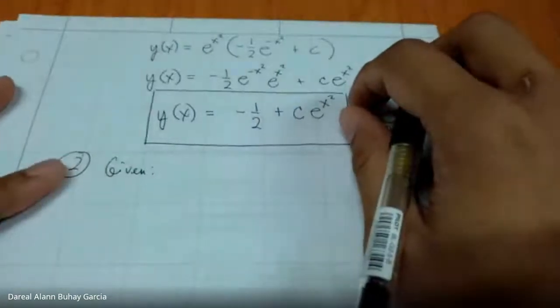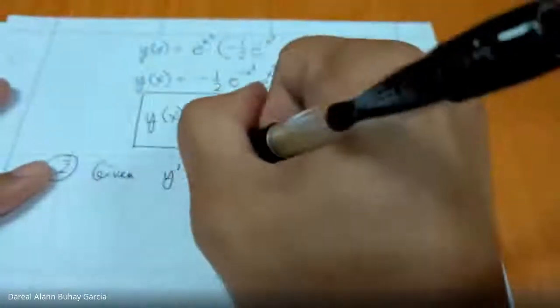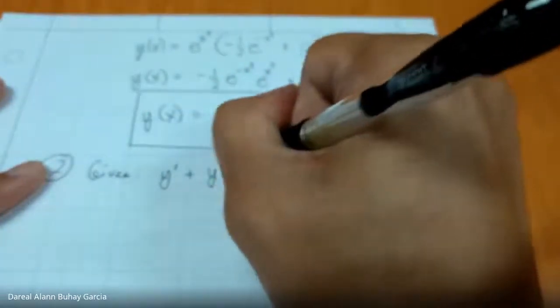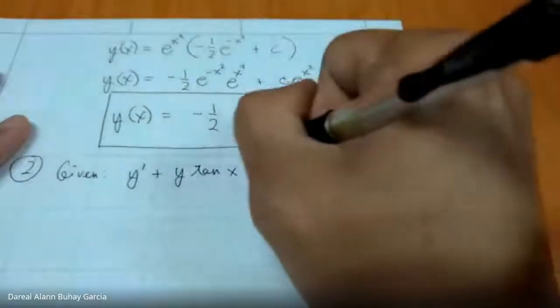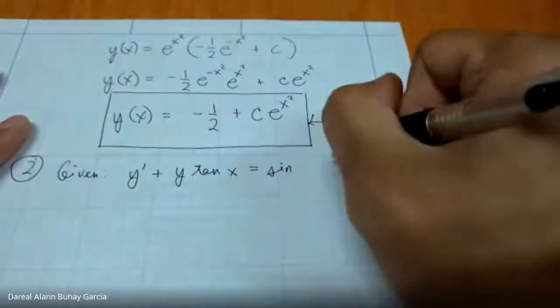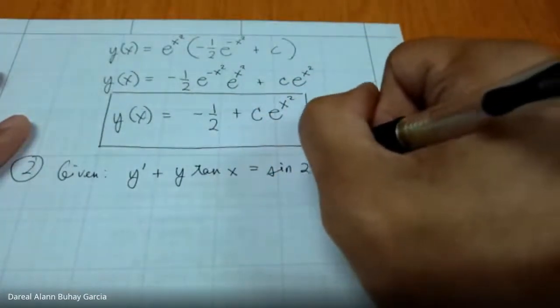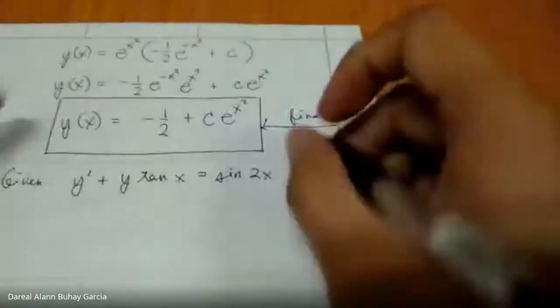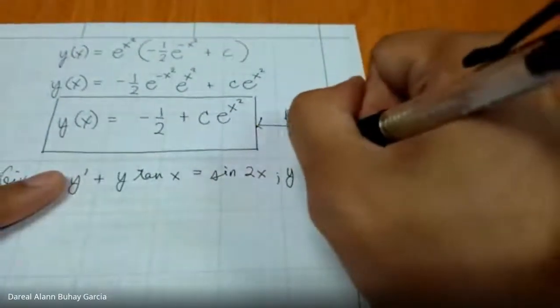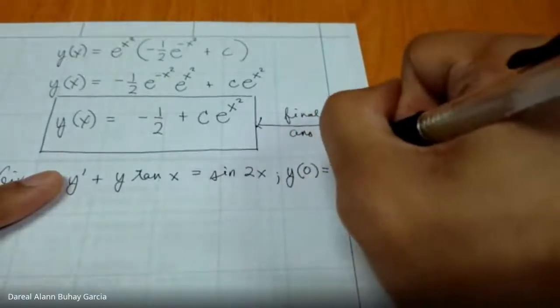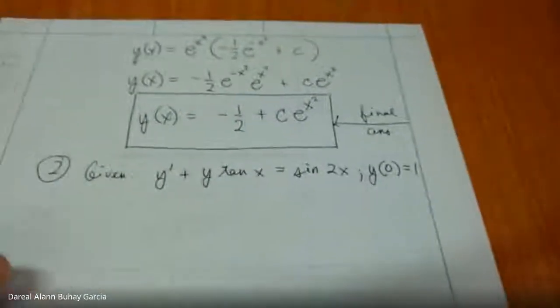Let's try to solve another one. Say you're given y prime plus y tangent x is equal to sine 2x, with initial condition y is equal to 1 when x is equal to 0.